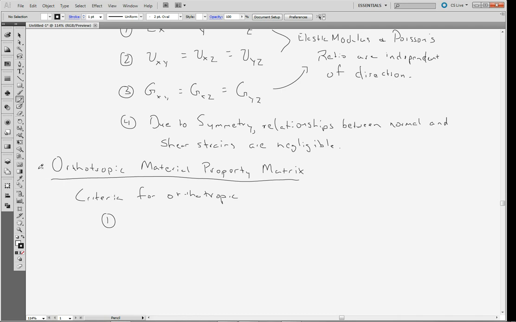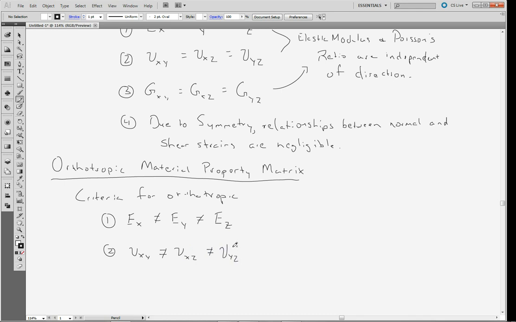The most complex we typically deal with is this orthotropic behavior. And here this is saying the elastic modulus in X direction is different than the elastic modulus in the Y direction, is different than the elastic modulus in the Z direction. In the same way, the Poisson's ratio for X and Y is not equivalent to the Poisson's ratio in X and Z, is not equivalent to the Poisson's ratio in Y and Z.